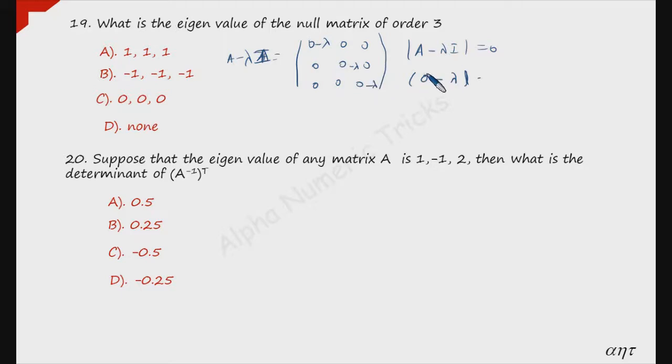So the determinant is (0 minus lambda) the whole cube is equal to 0, or lambda is equal to 0, 0, 0, three times. So this is the eigenvalue of the null matrix of order 3.